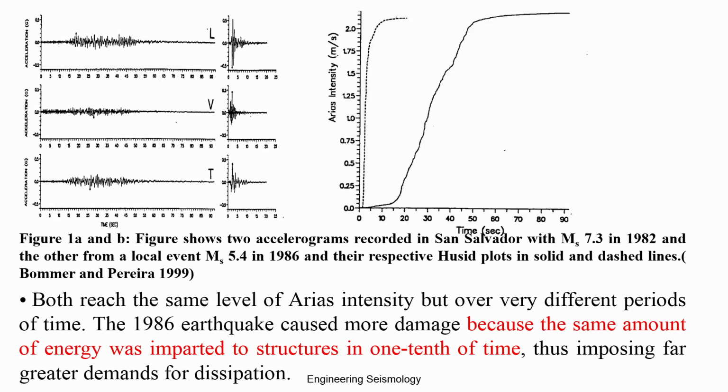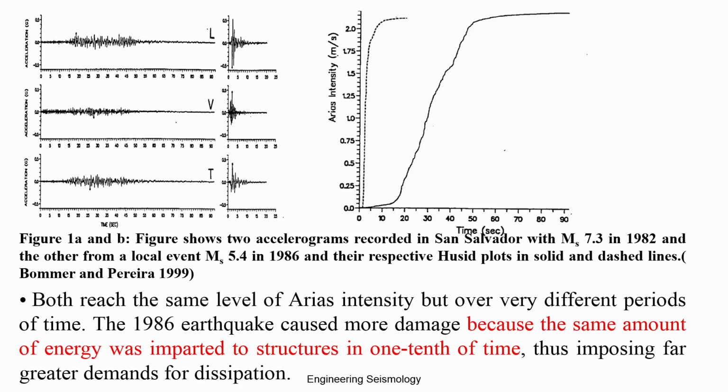Because the same amount of energy was imparted to the structure in one-tenth of the time, it imposed a greater demand for dissipation. If the energy is spread over a broader period, the structure gets enough time to dissipate it; here you do not get enough time, so it gets highly damaged very fast.